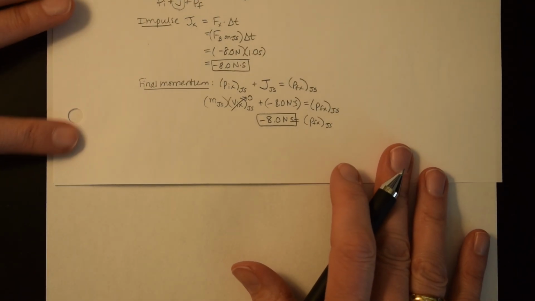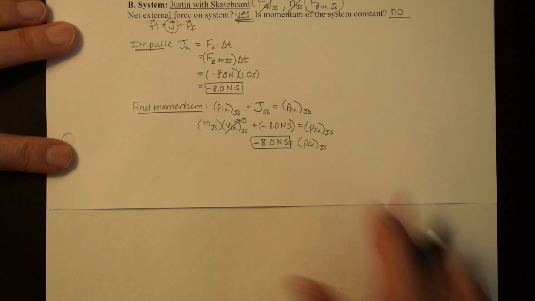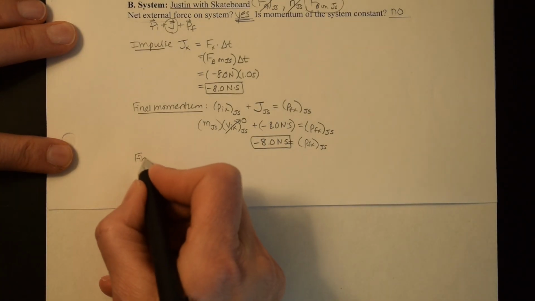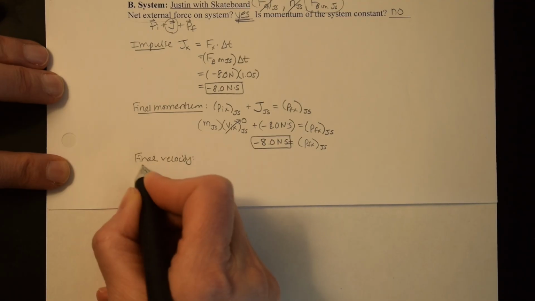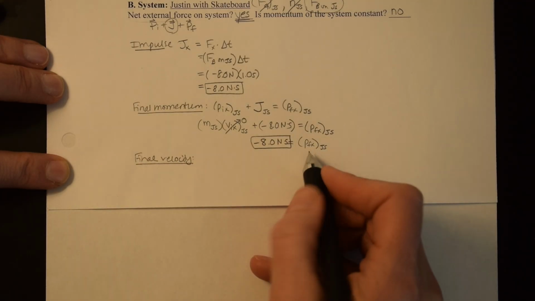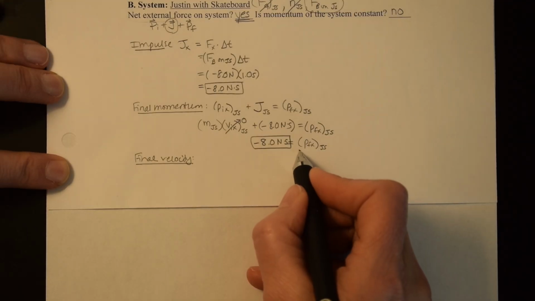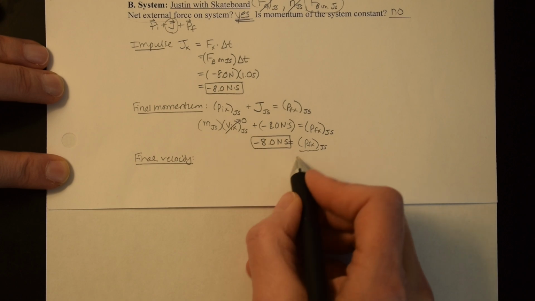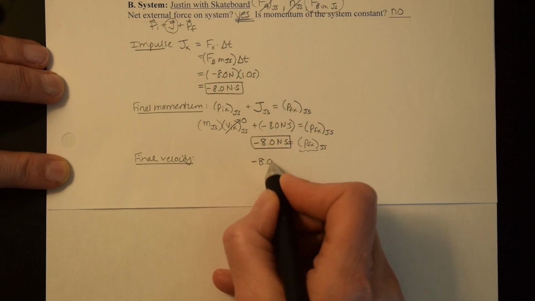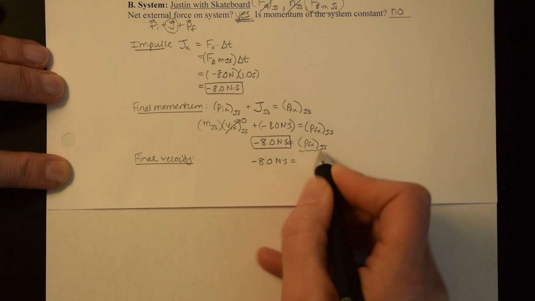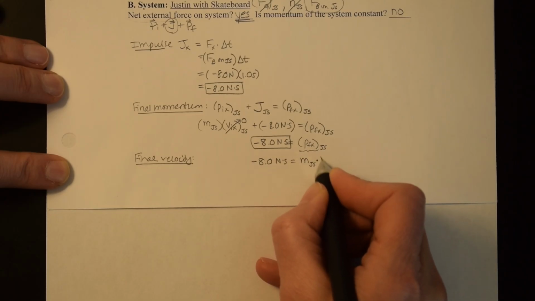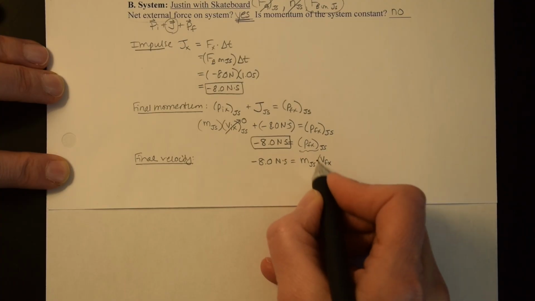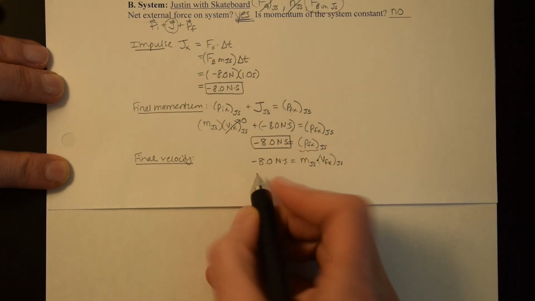And lastly, let's find the final velocity of Justin and the skateboard. So the final velocity is going to come out of this final momentum term. So I'm going to continue on here. -8 Newton seconds. This final momentum is the mass of Justin and the skateboard times the final velocity of Justin and the skateboard.